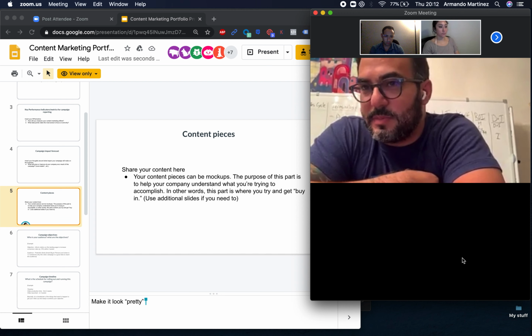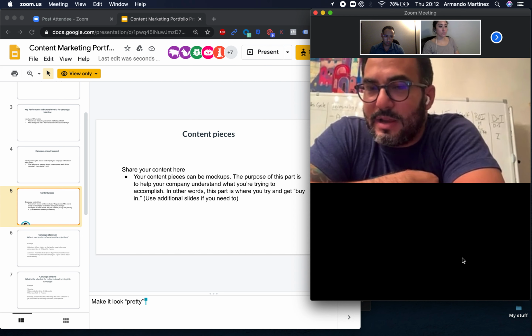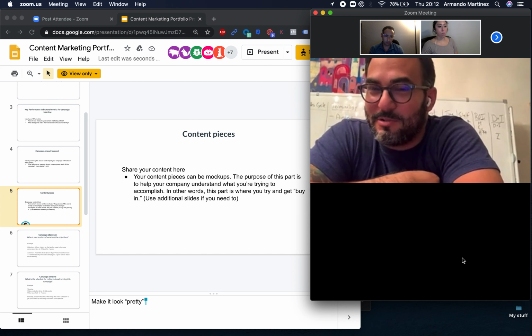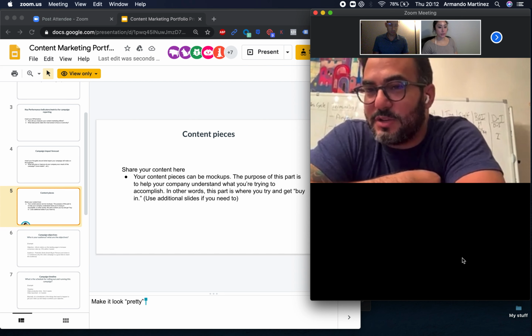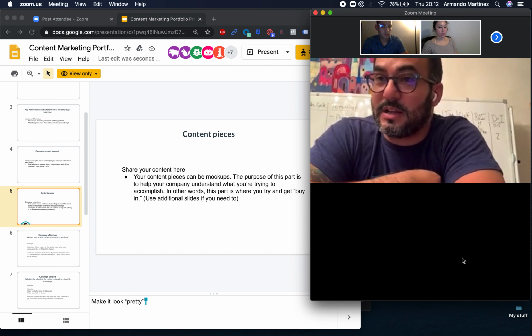The Americans with Disabilities Act: don't put red, brown, and green on the exact same slide. Why? Because people are red-green colorblind. They're going to look at it and it's going to look like a blob of brown. So be wary of your ADA compliance when you start to do content, especially ones with a lot of colors.